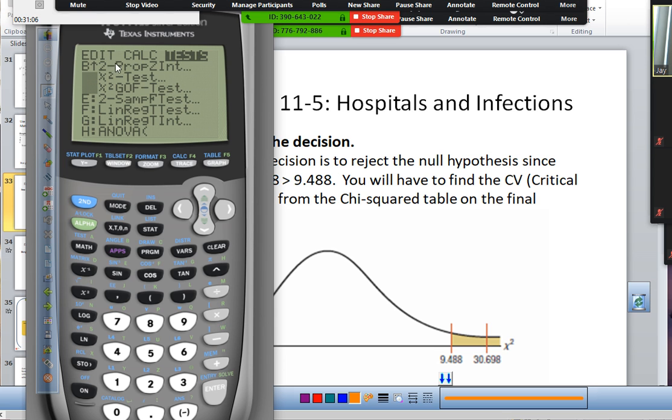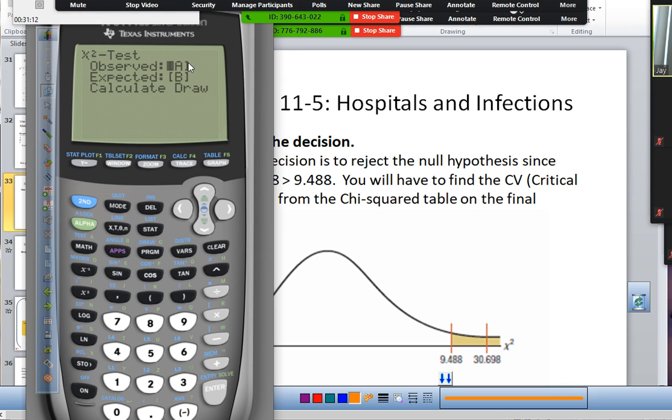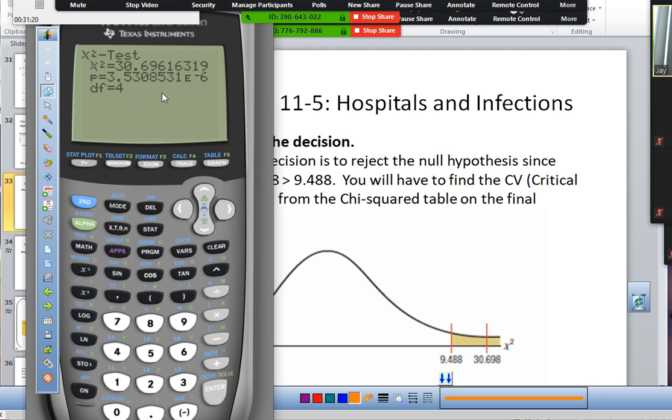Chi-squared test, right there. Hit enter. Observed is A, expected is B, matrix A, matrix B, and then calculate. And there you go. There's your chi-squared. There's your p-value with the e -6, so super small, and then degrees of freedom is 4.